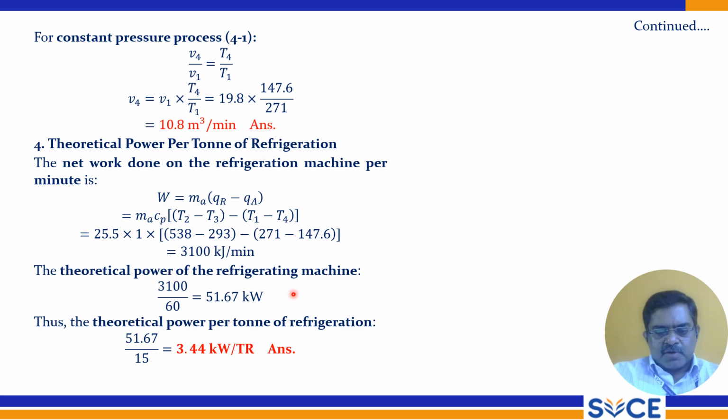The theoretical power of the refrigeration machine is 3100 divided by 60, so that is equal to 51.67 kilowatts. And we know that the tonnage is 15, so we are converting that per ton. That is the theoretical power per ton of refrigeration equal to 51.67 divided by 15, that is equal to 3.44 kilowatt per tonnage of refrigeration. So this is the final answer here.